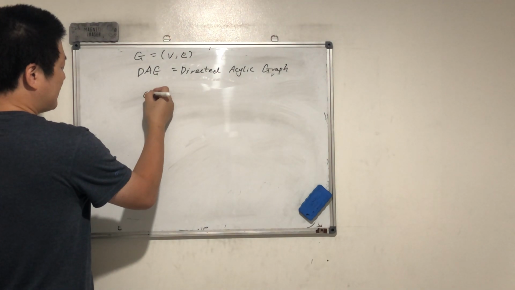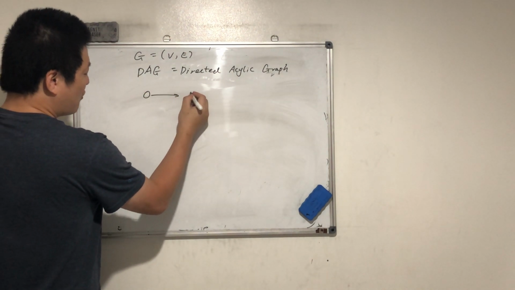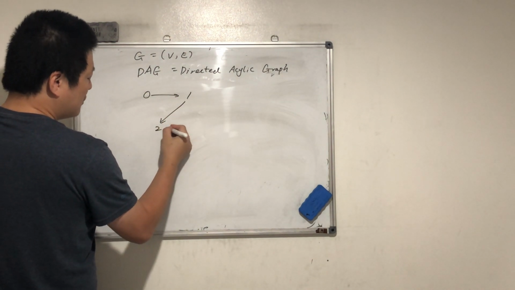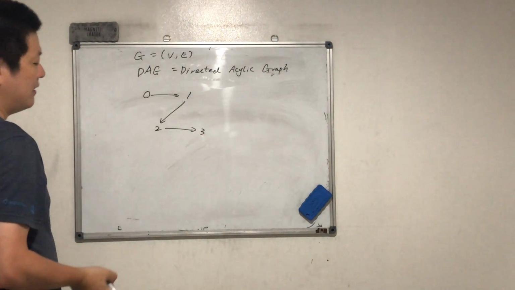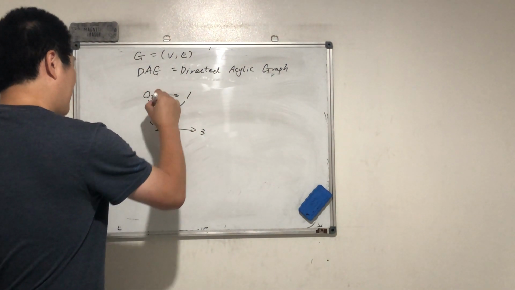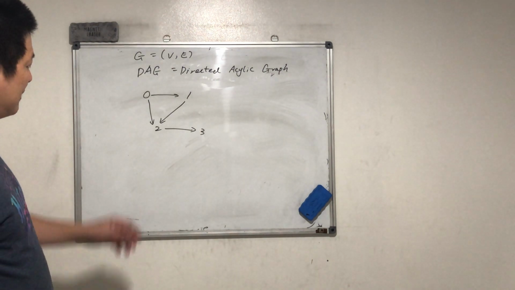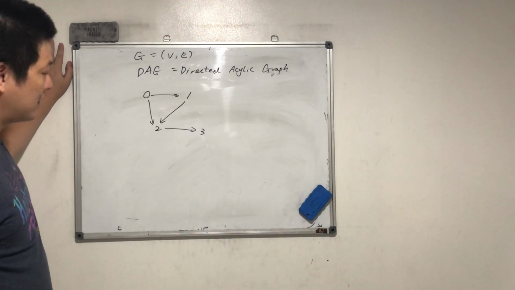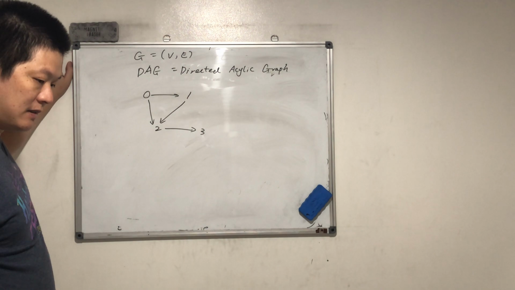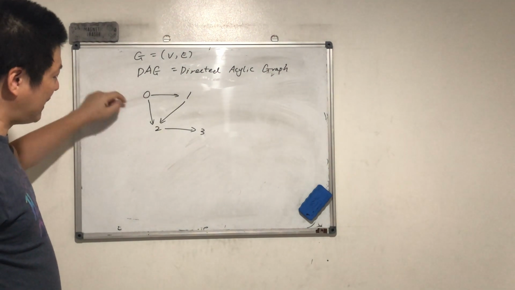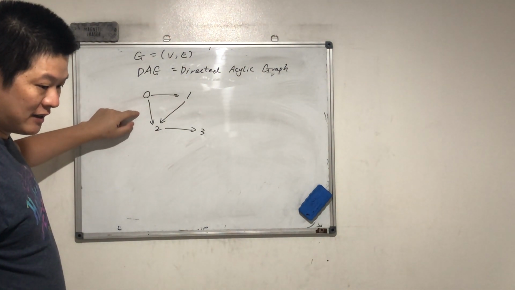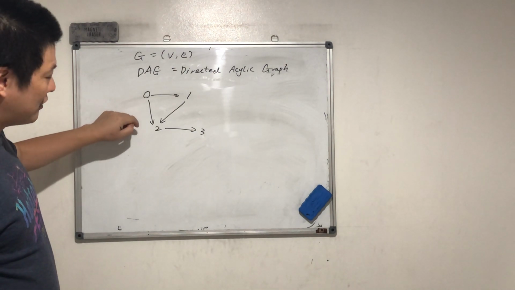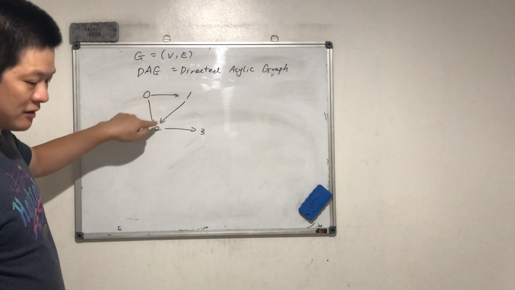We talked about this, from 0, look, 1, 2, 3, and then here. Is this a DAG? Come on, is this a cycle? Look at the arrows.